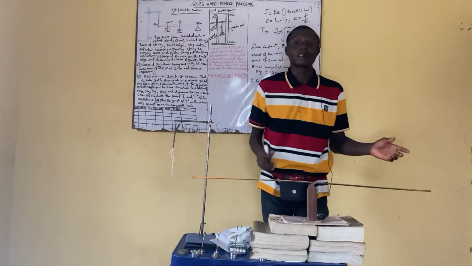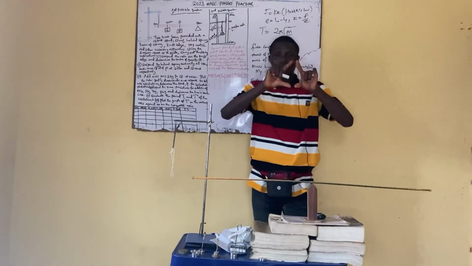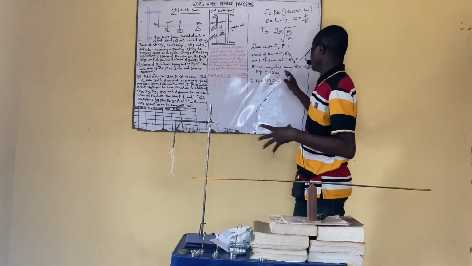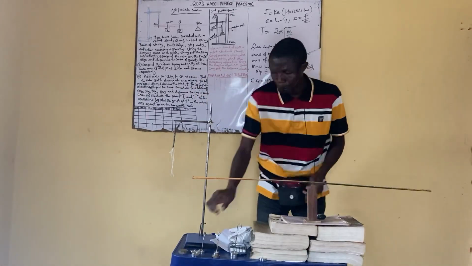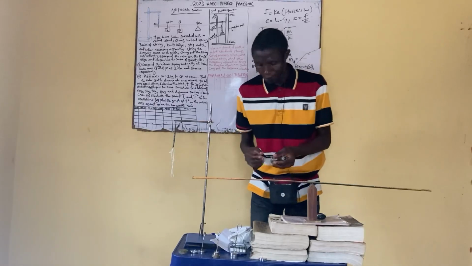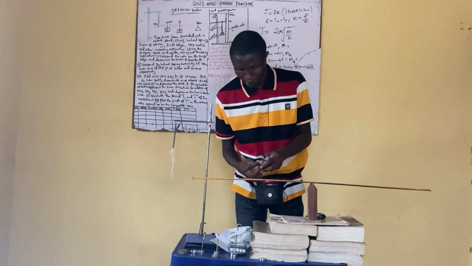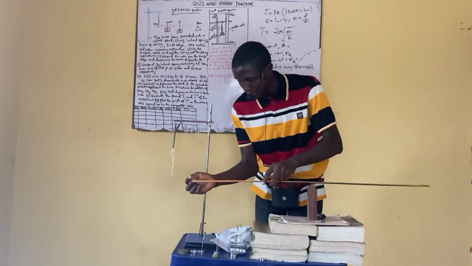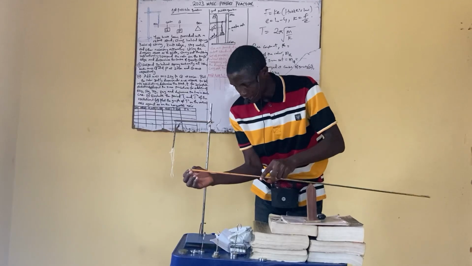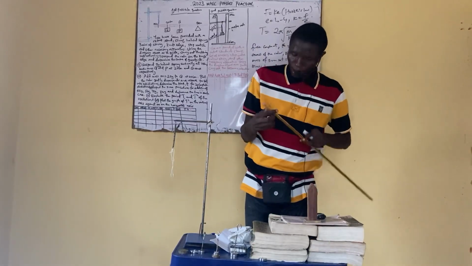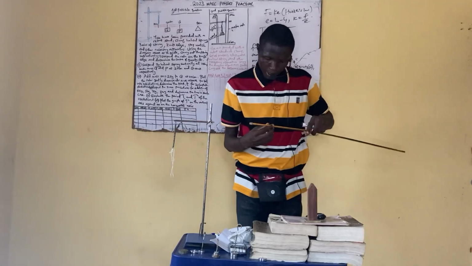I can now use this to calculate the weight of the ruler. So you can just pick this 100 gram mass and hang it on any spot.